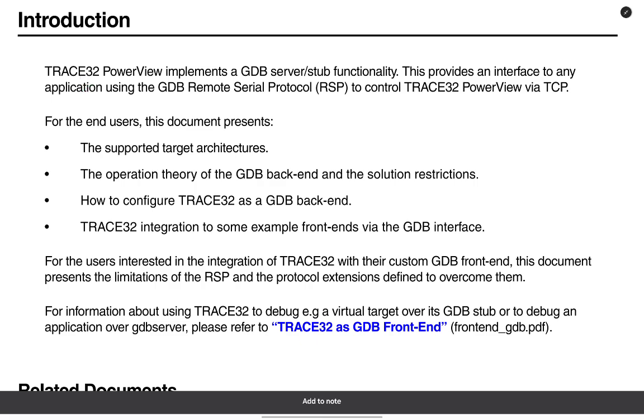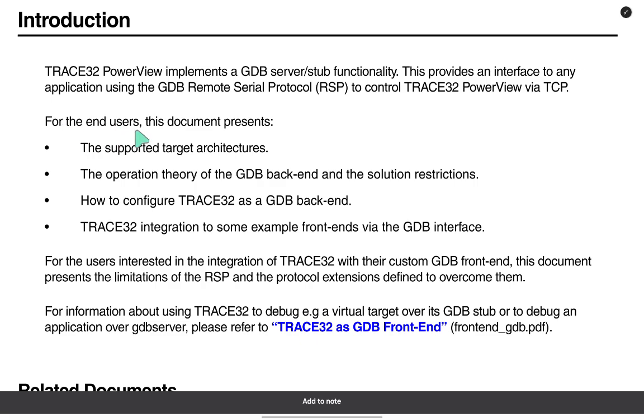This provides an interface to any application using the GDB Remote Serial Protocol (RSP) to control the TRACE32 PowerView via TCP.